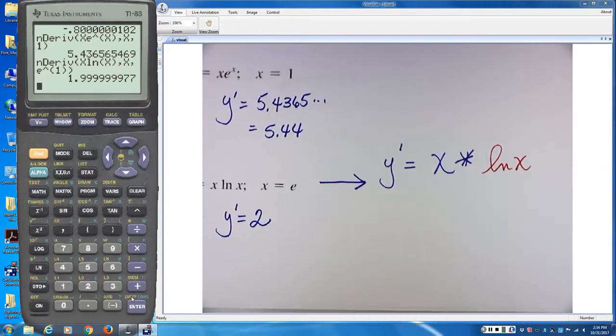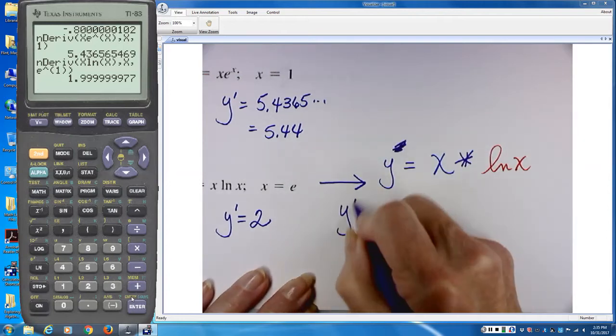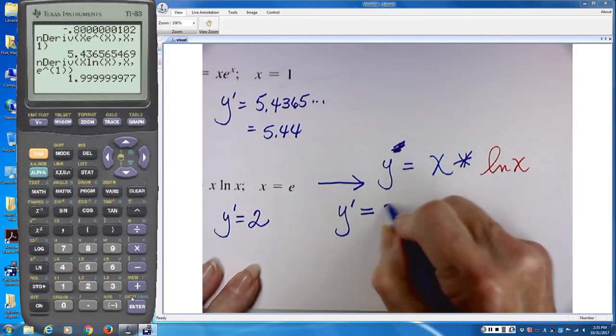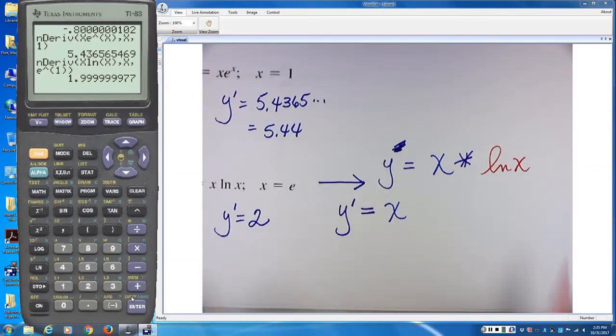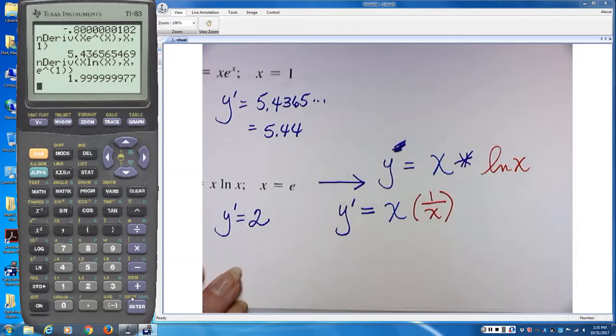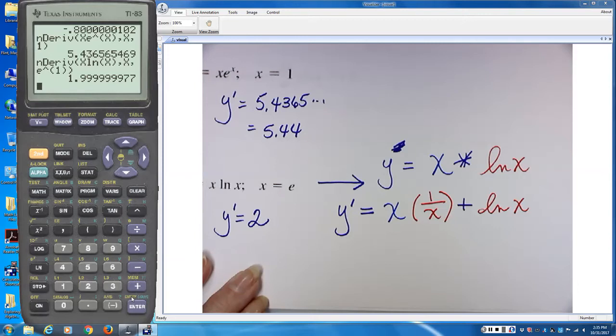The way we find y prime is we take the first one, which is x, times the derivative of the natural log of x, which is 1 over x, and then we add the natural log of x multiplied by the derivative of x, which is just 1.